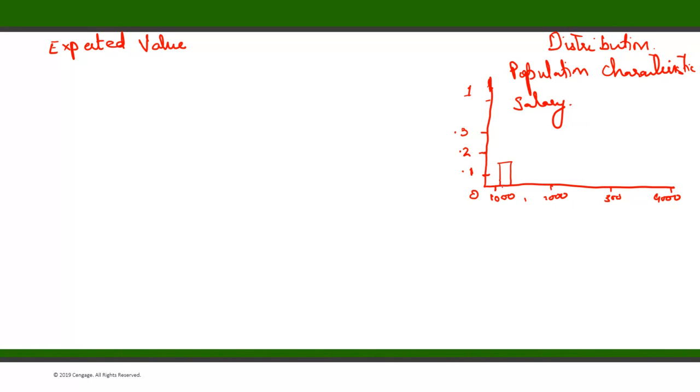There is some fraction who have a salary in a range like 1,000 to 1,500. And then there are some who have a salary of 2,000.